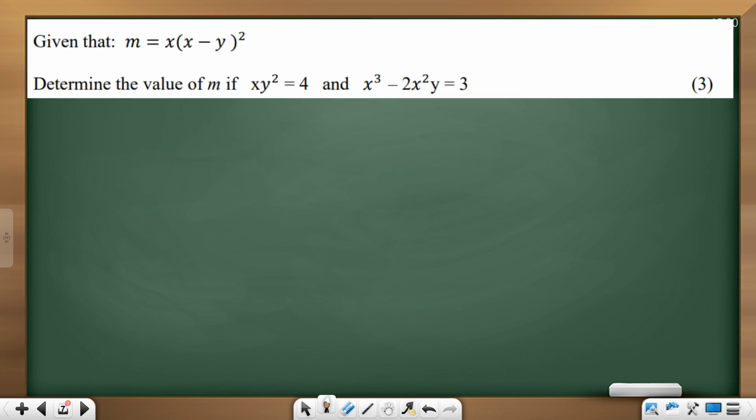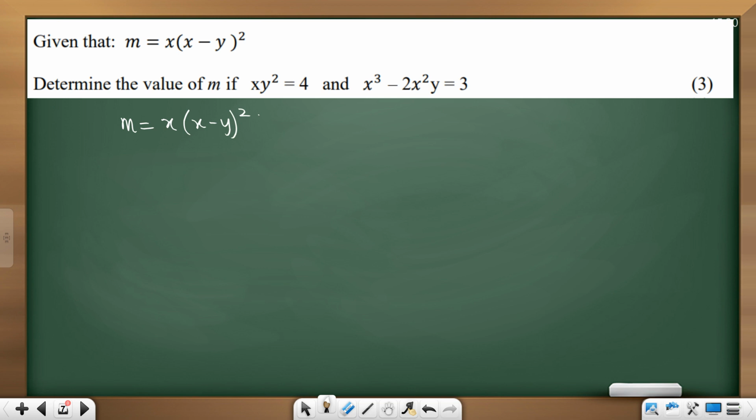Given that m equals x into bracket x minus y squared, determine the value of m if xy squared equals 4 and x cubed equals 3. This is interesting. We want m. Okay, let's try something. Since we want m, x into bracket, let's see.